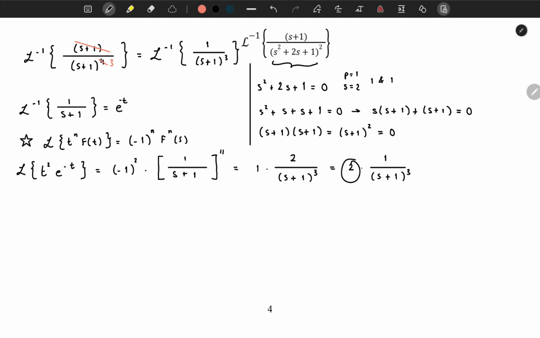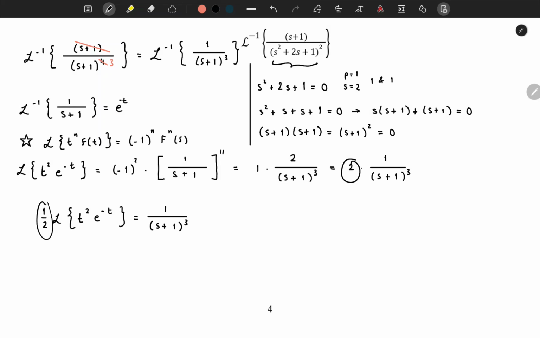So we have 1 over 2 times the Laplace of t squared e negative t equal to 1 over s plus 1 cubed.